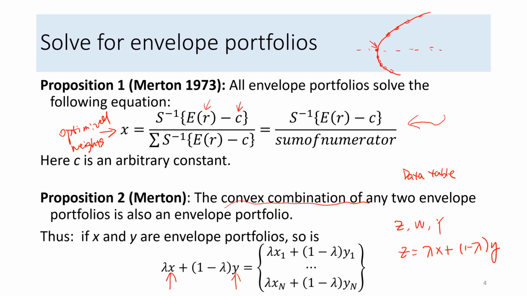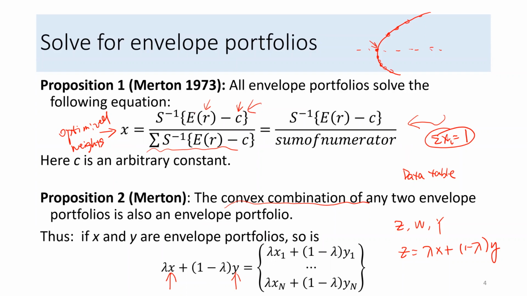So this is the sum. The sum is just to make sure that the sum of X equals 1. It's one way to guarantee that this is satisfied. And the numerator will guarantee that we have a tangency portfolio.